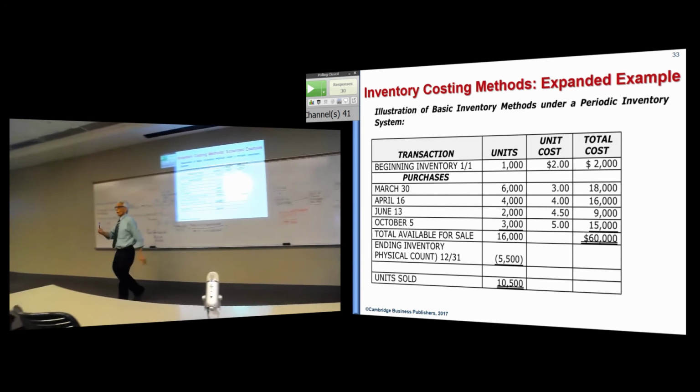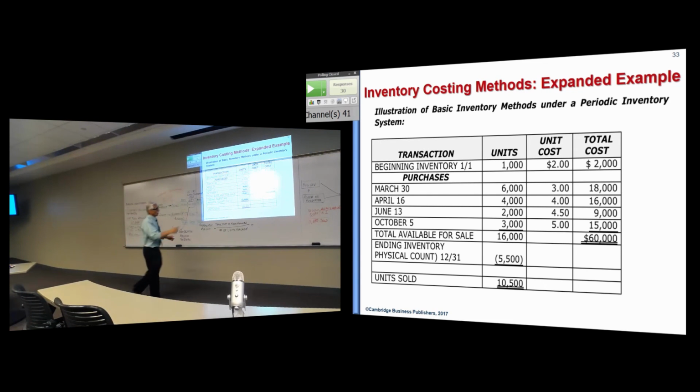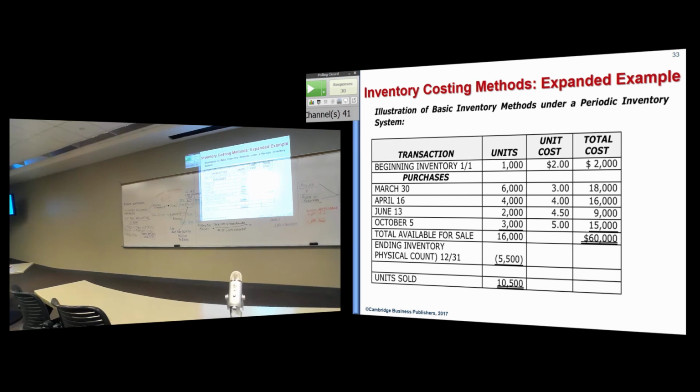In fact, by the way, this is known when inventory levels decline. It's called a LIFO liquidation. How do I avoid a liquidation?